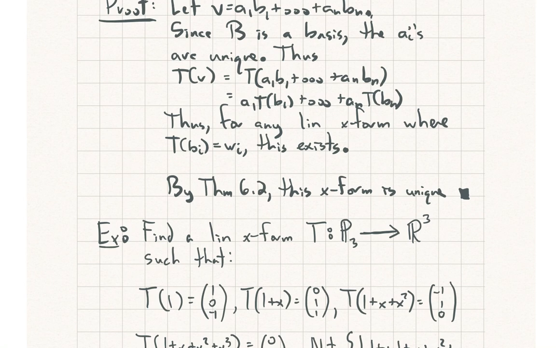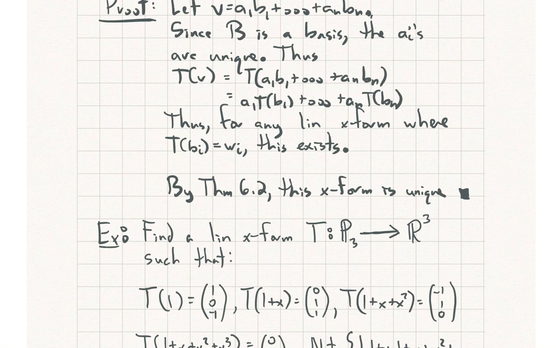So in short, we can totally describe any linear transformation by where it sends the basis vectors, and those basis vectors can be sent to any vector.